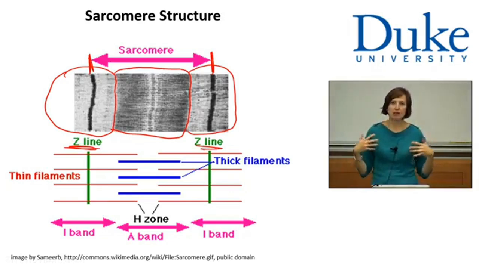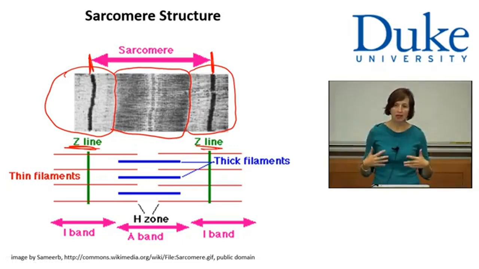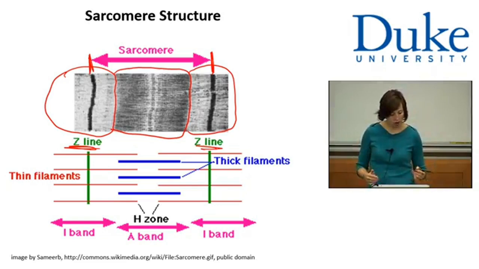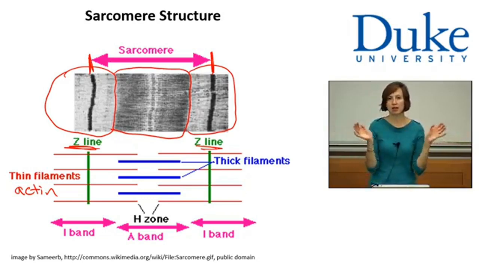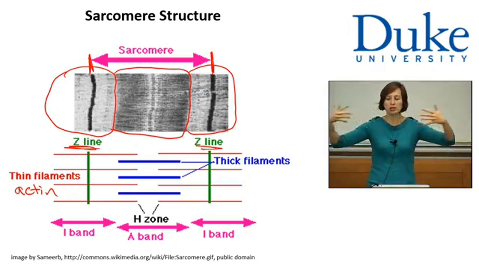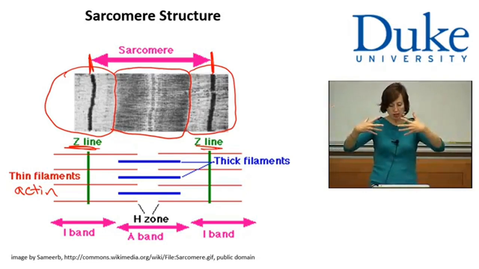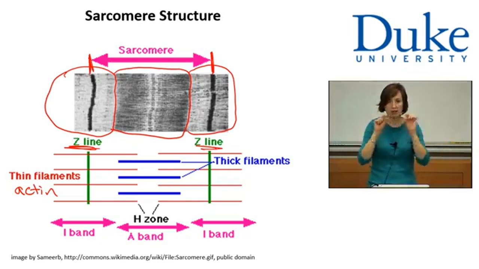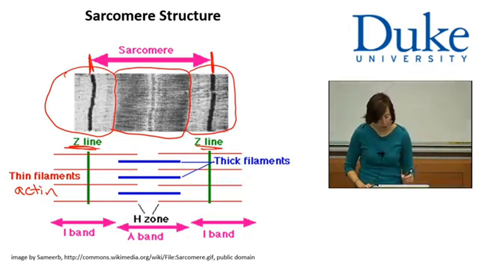Sticking out of each Z line is a set of thin filaments, which are actin, proteins coming out of the Z lines. One set for one sarcomere faces the other, and interdigitated between those thin filaments are thick filaments, which are the myosin.